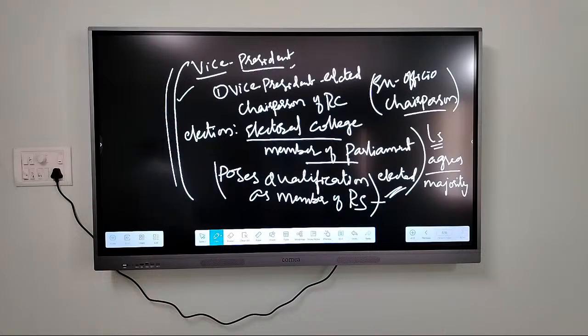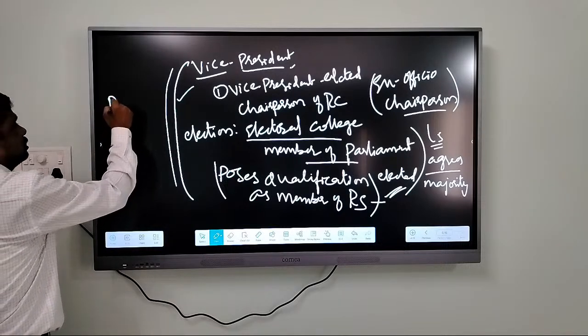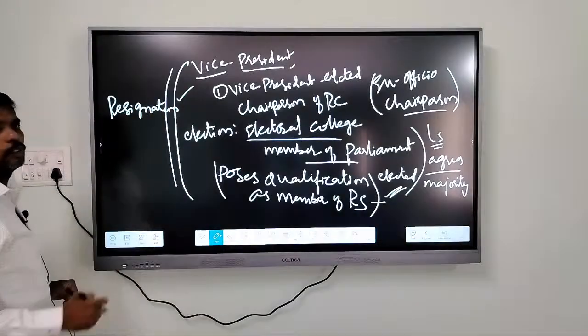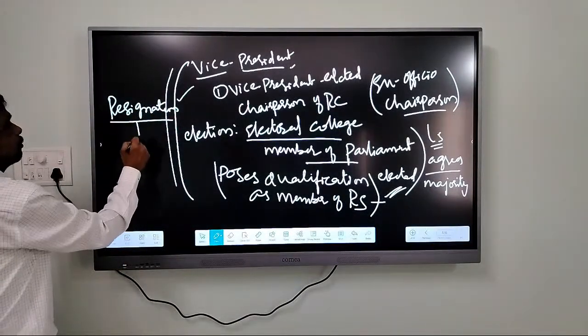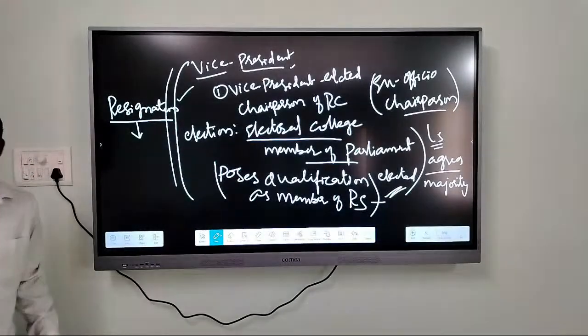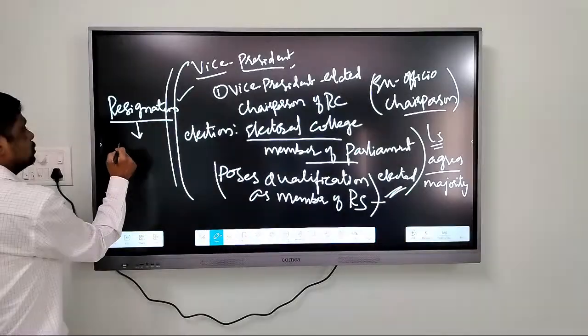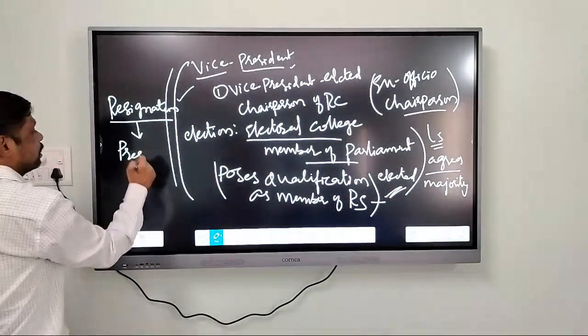Not only can the Vice President be removed, but the Vice President can also resign from the office. If the Vice President wants to resign, to whom should the resignation be given? The resignation should be given to the President of India.